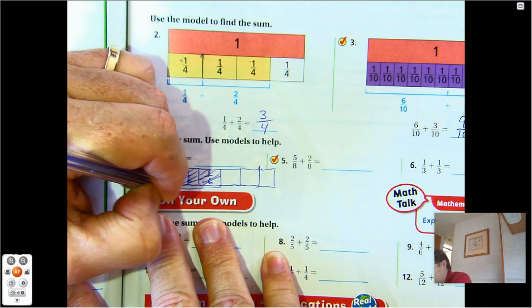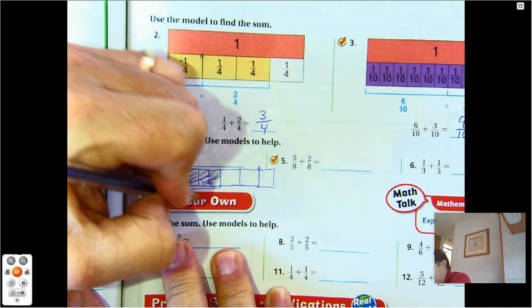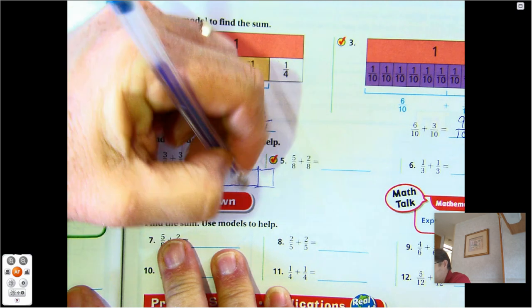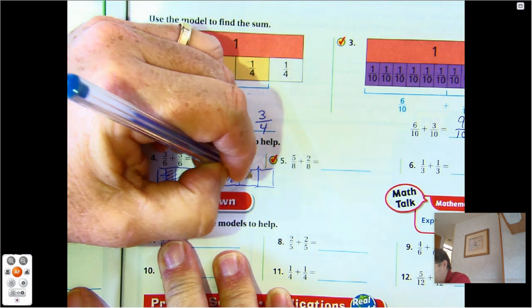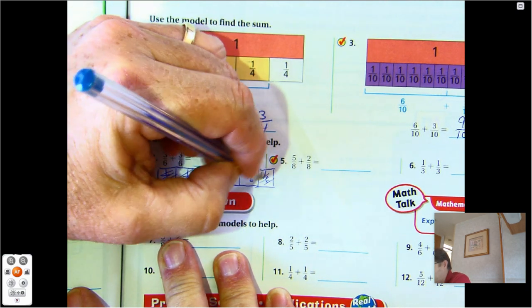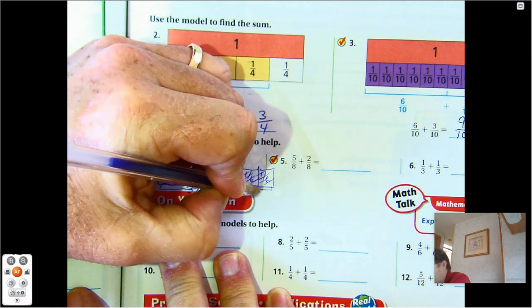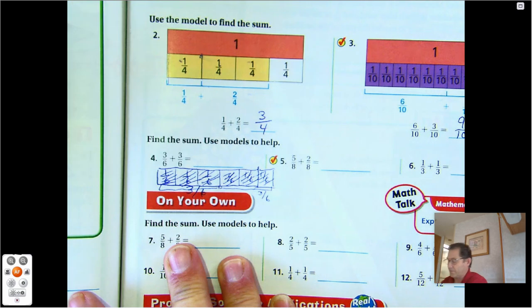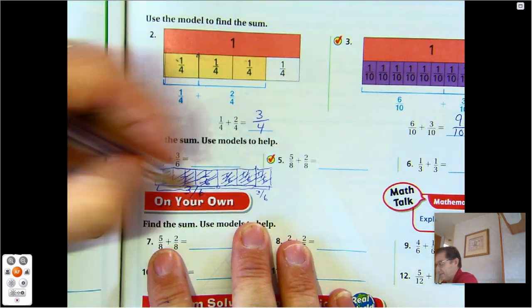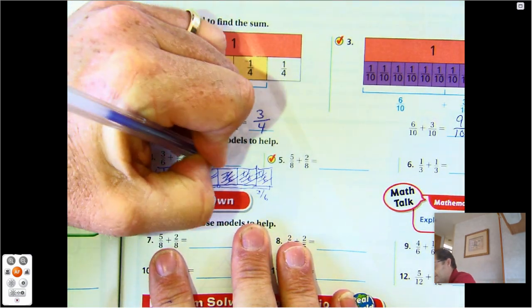So that part represents 3/6, and then we have another 1/6, 1/6, 1/6. And so that part equals 3/6. So 3/6 plus 3/6 is 6/6, or 1.